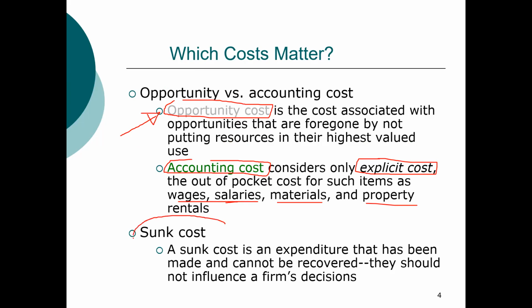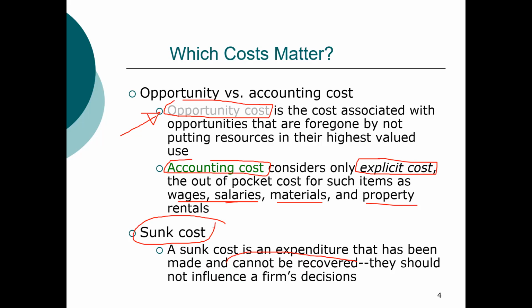Another concept important to understand is the sunk cost. So the cost of expenditure, after you made it, you can't recover. For example, if you paid for a building, whether you rent or lease, whatever, when you make the decision later on, the long term and the short term, this can't be taken into account in the decision.